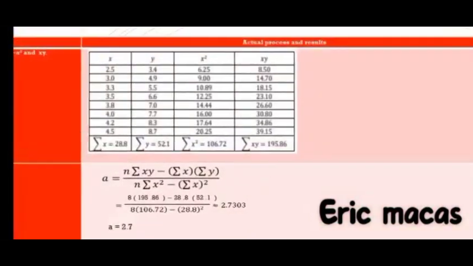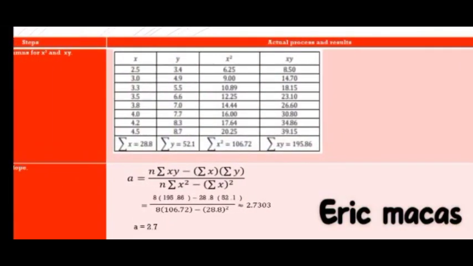This is the random number set. Steps to the actual process and results.